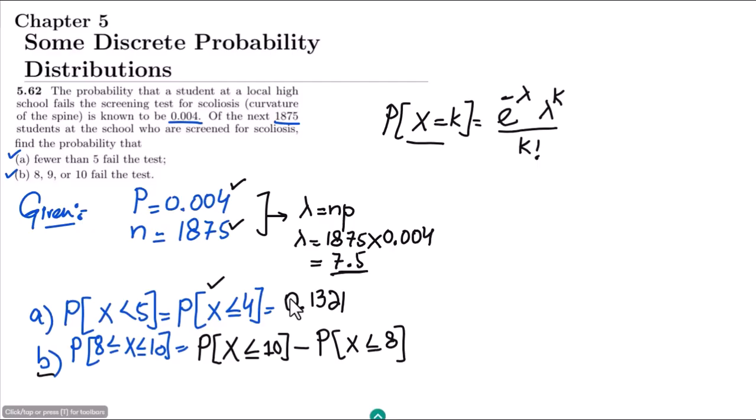So I have to use this formula here. Both of these can be found by using the Poisson CDF table as well, which we have seen previously. The value of lambda will remain the same while the value of x will be 10 and 8. Let me move to the table.